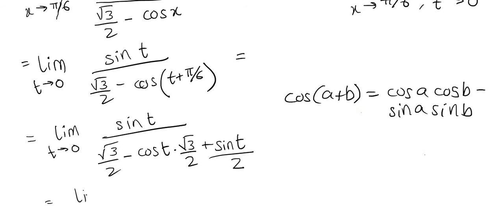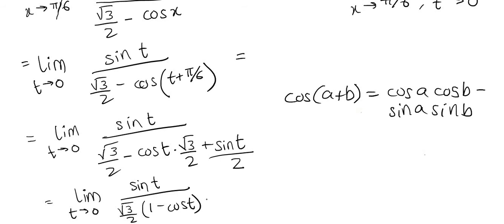Now I just want to regroup the root 3 by 2 of the denominator. It's root 3 by 2 times 1 minus cosine of t plus sine of t over 2.